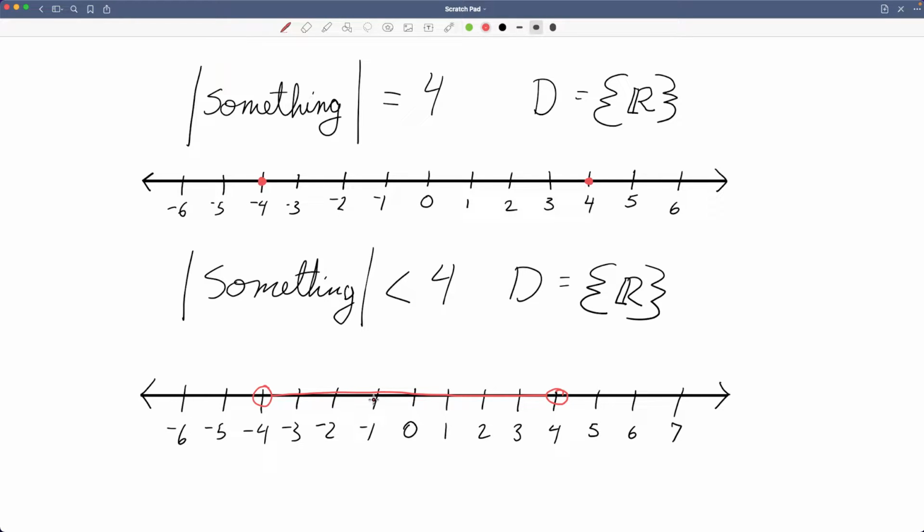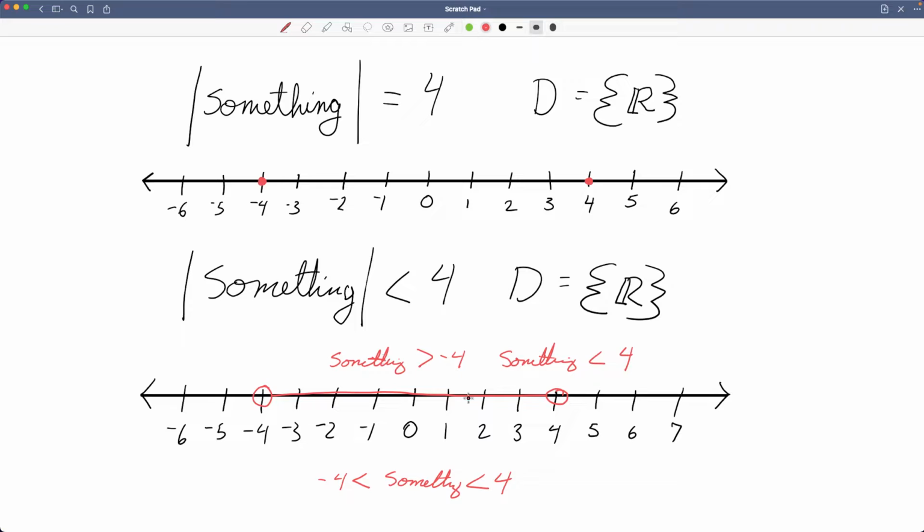So we could actually write the statements: something is greater than -4 and something is less than +4, to get the conjunction here that -4 is less than something and something is less than 4.